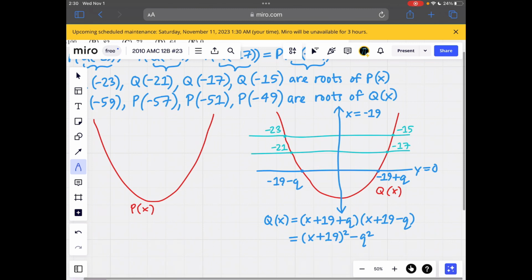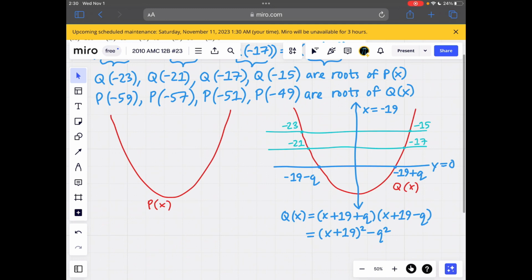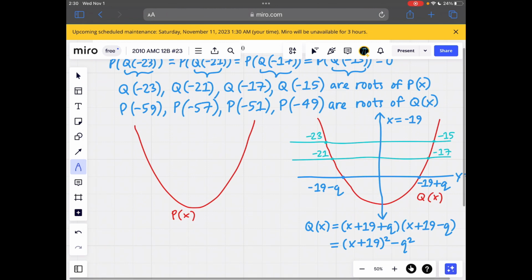So now what do we do? Well, we see that q of p of x has zeros at minus 59, minus 57, minus 51, and minus 49. We can graph those on p of x. We need the horizontal lines y equals the 2 roots of q of x.